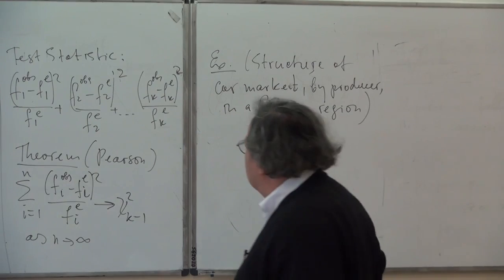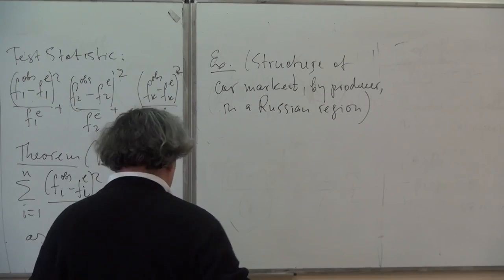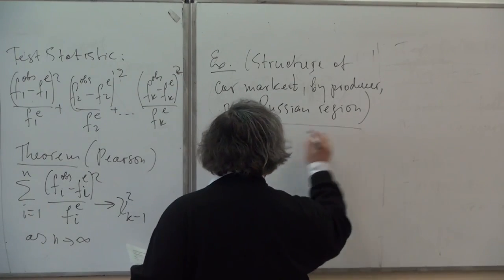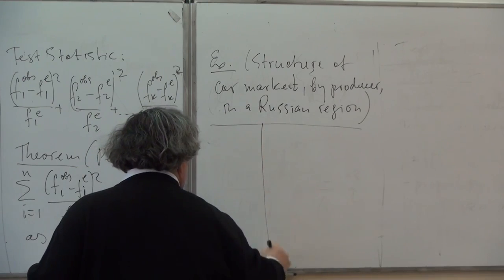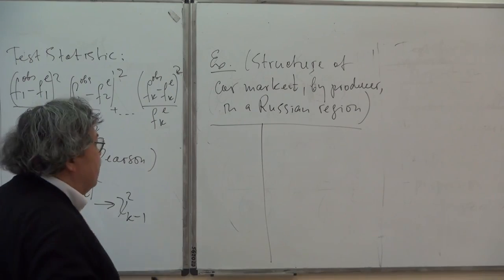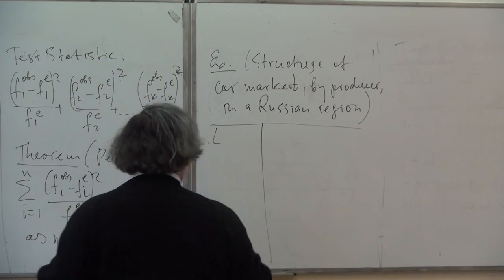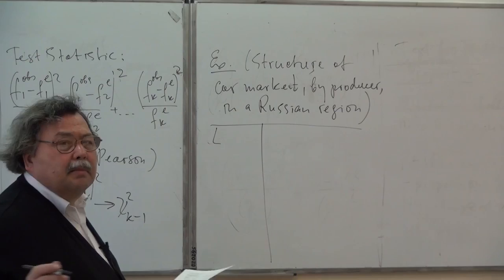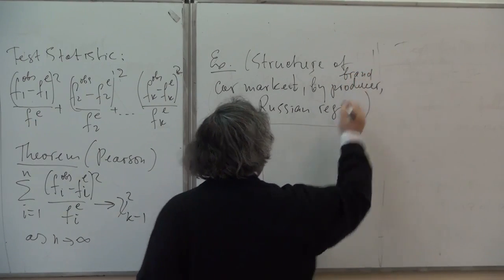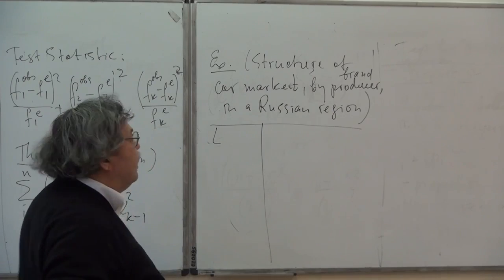All right. Now let's make up this table. The producers that we include in this table are these, or rather brands. So by brand, not by producer, to be precise.